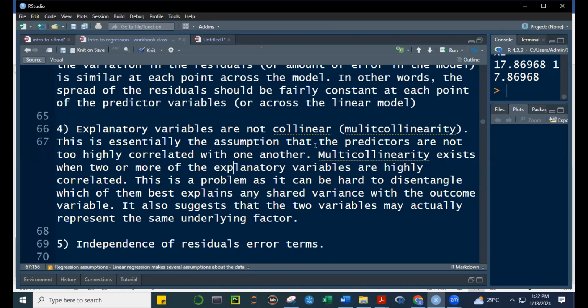If they are, we have what we call multicollinearity. This is a problem because it can be hard to disentangle which of them explains any shared variance with your y, your outcome variable. Also, it suggests that the two variables may actually represent the same underlying factor.